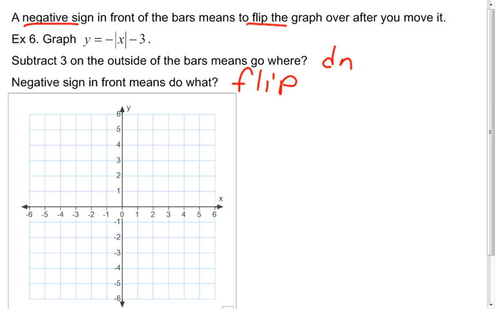So I'm going to go down 3 places, and I'm going to flip my graph over. And that's what it would look like. Down 3 places, and then flip the whole thing over.